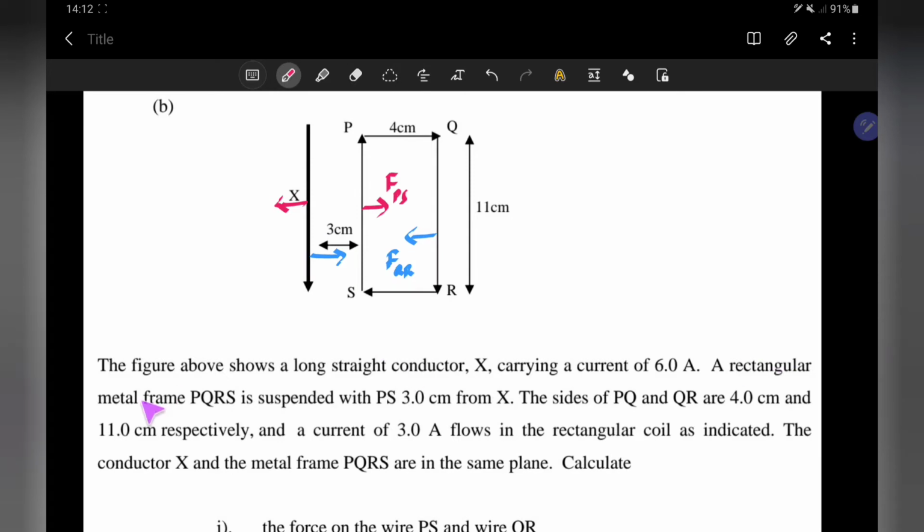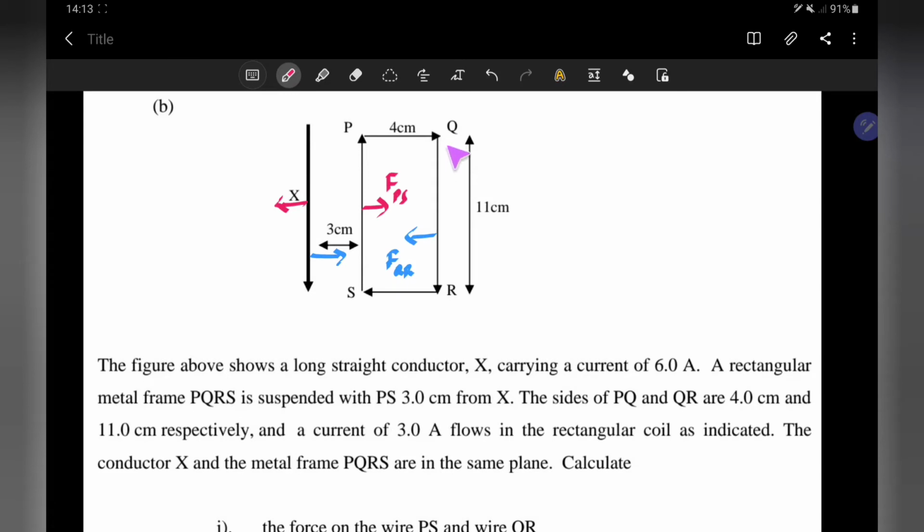A rectangular metal frame PQRS is suspended, with PS 3 centimeter from X. The sides PQ and QR are 4 centimeter and 11 centimeter. QR is 11 centimeter. That is the length of each side: PQ is 4, QR is 11 centimeter.